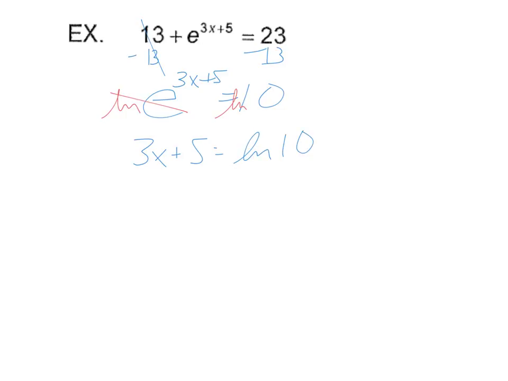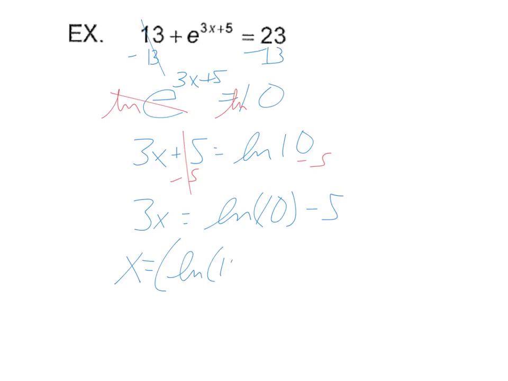Subtract 5. 3x equals natural log 10 minus 5. Then all of that gets divided by 3, so I'm going to put it all in parentheses. x equals parentheses natural log of 10 minus 5, all of that divided by 3. You need those parentheses in your calculator. x is negative 0.8991.